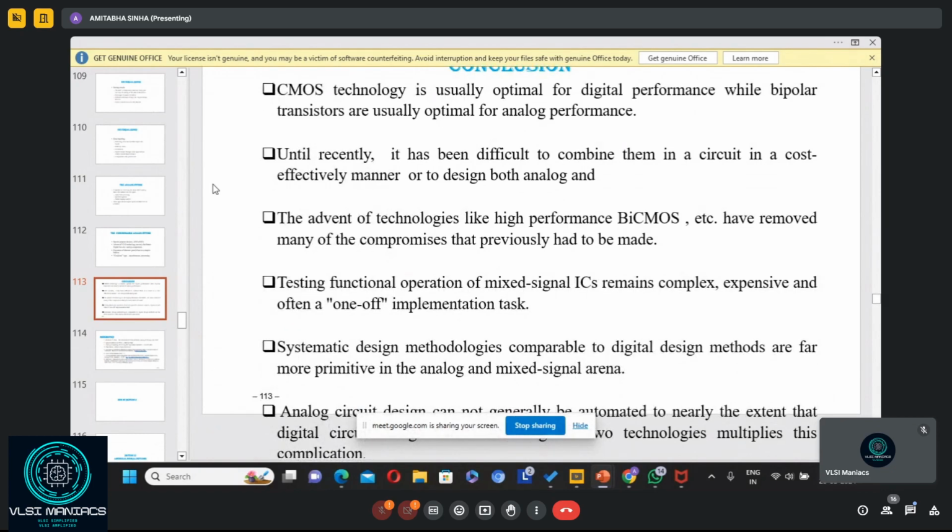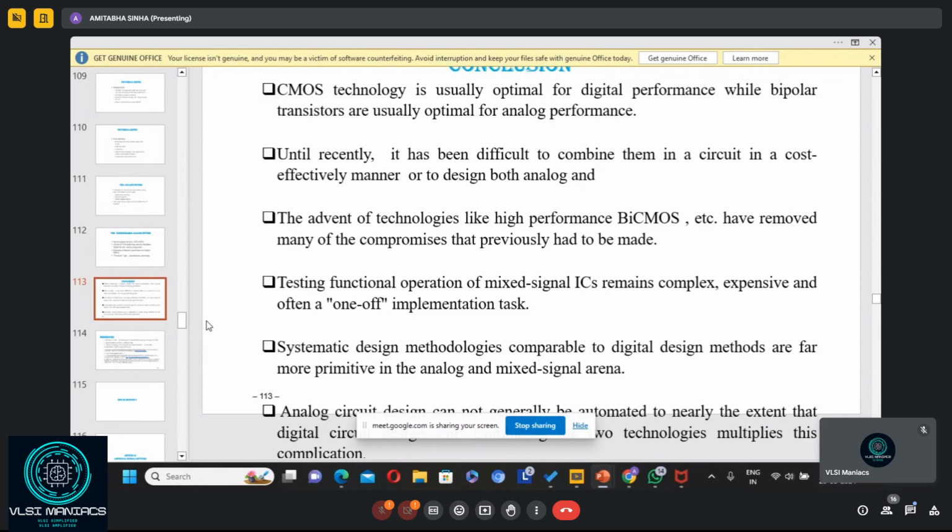And overall, I can just share my experience. Analog design needs more accurate knowledge. I'm not saying that digital doesn't require knowledge; without knowledge you cannot do anything. But my feeling is analog design is harder compared to digital design, because in digital you are dealing with only 0 and 1.